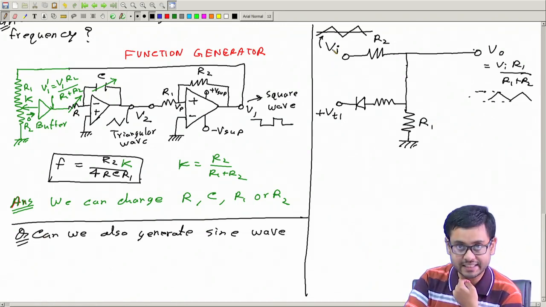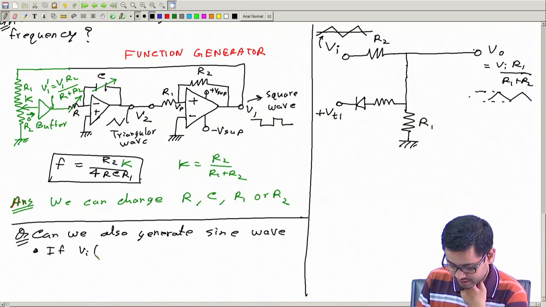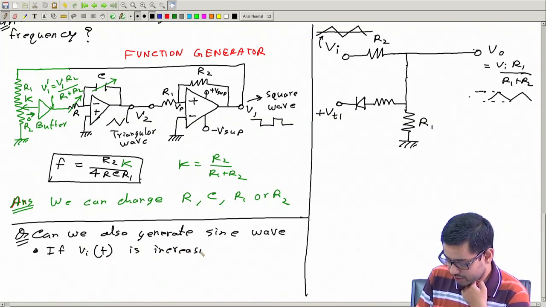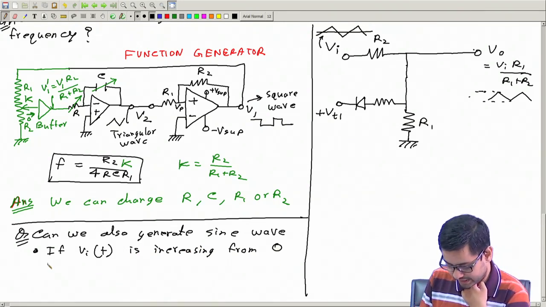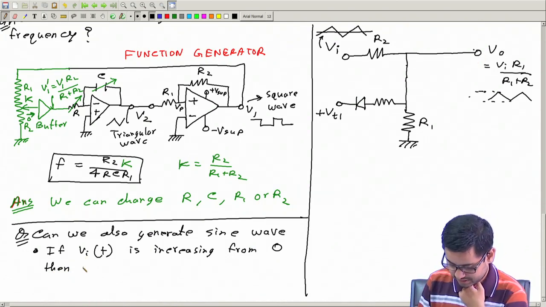if Vi is increasing slowly from the value of 0, then this Vo will also increase.